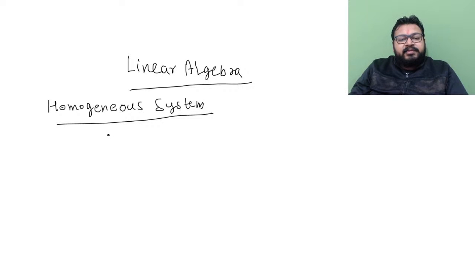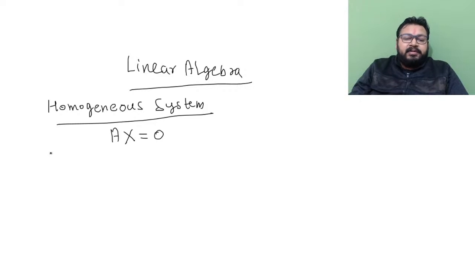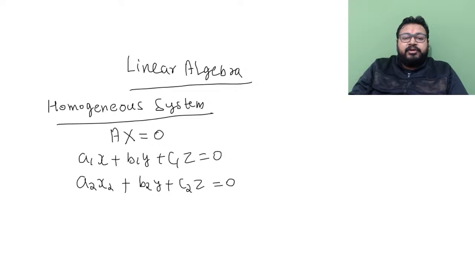So a homogeneous system is a system that is represented with Ax equals 0. Now what is Ax equals 0? For example, you have three equations with three variables. A1x plus B1y plus C1z equals 0. This is equation number 1. A2x plus B2y plus C2z equals 0.